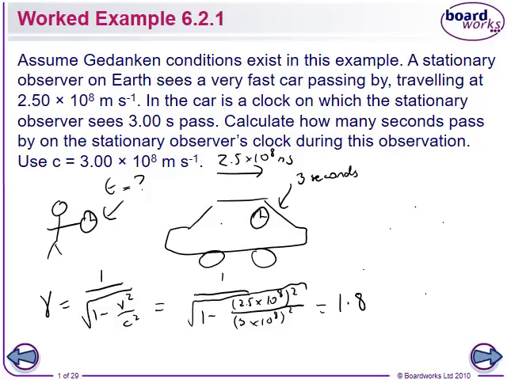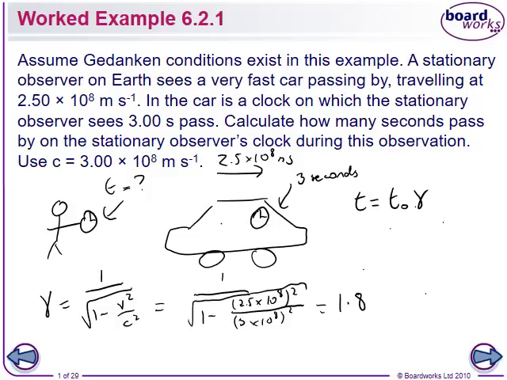Now remember our time dilation equation is that. In this case, remember your proper time is the one where you are in the same frame of reference as whatever's measuring the time. So in this case, our proper time is in the car.